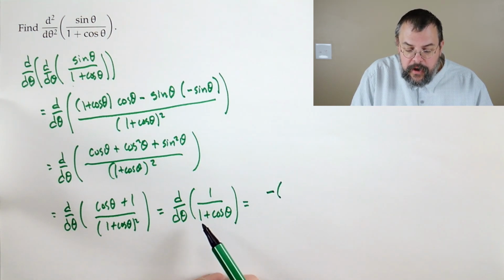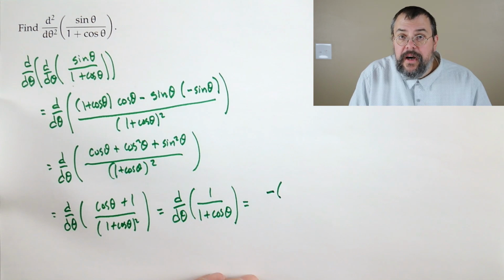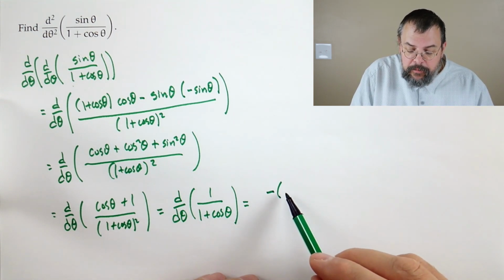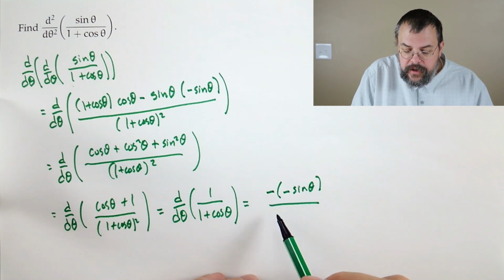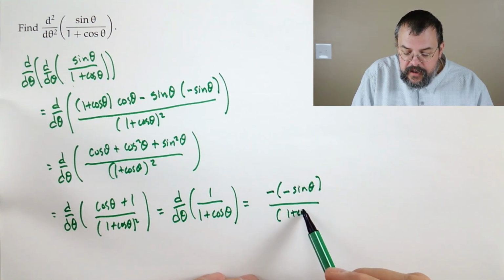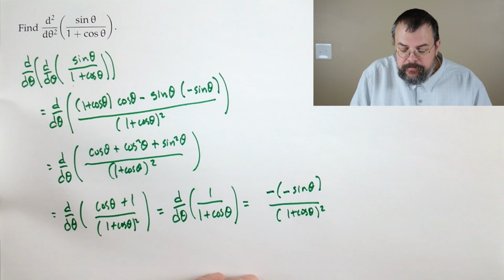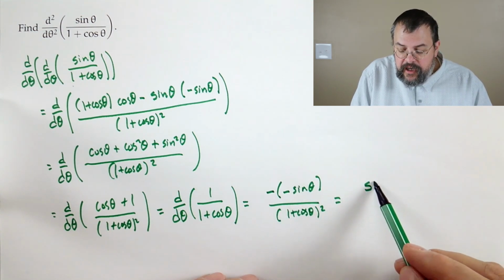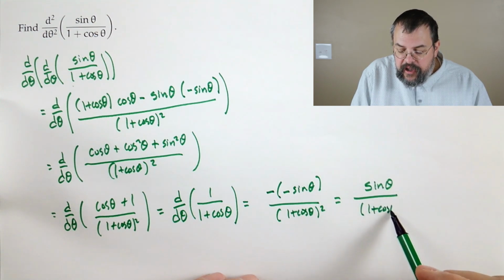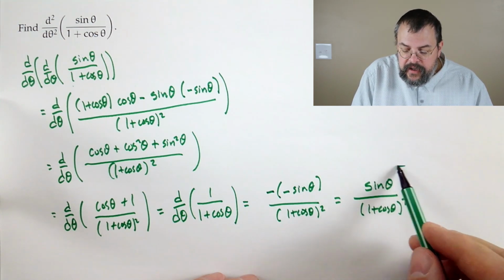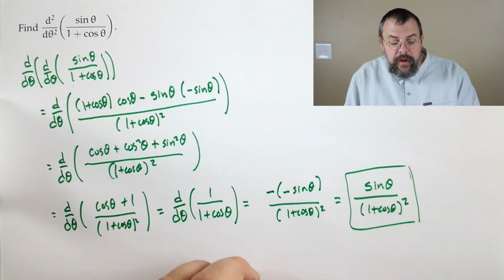Well, derivative of 1 plus cosine is what? It's minus sine theta, all over the bottom squared. So minus minus sine makes a plus sine theta. Divide that by 1 plus cosine theta squared. And there you go. It's amazing.